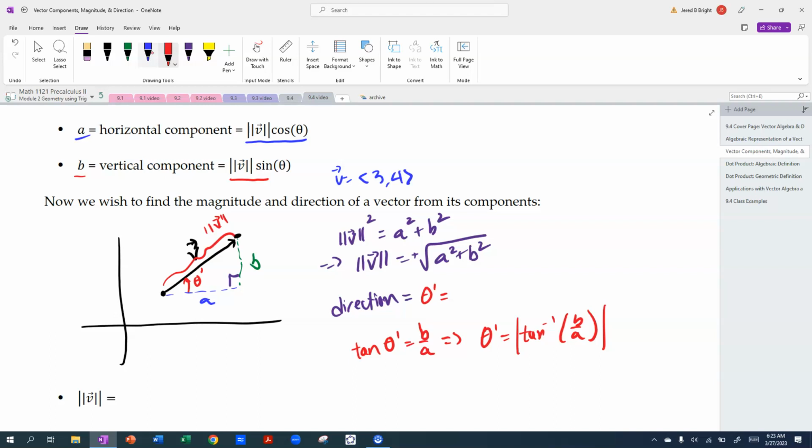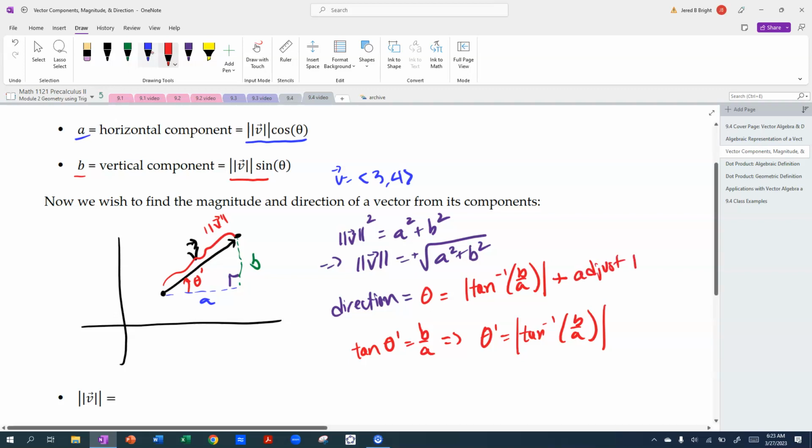But more generally, when you work with your direction, that is theta, you do have to worry about the absolute value. So your general theta, not theta prime, is going to be tangent inverse of the absolute value of B over A, plus adjusting to the quadrant. We have an example coming up and I'll show you what I mean by that.